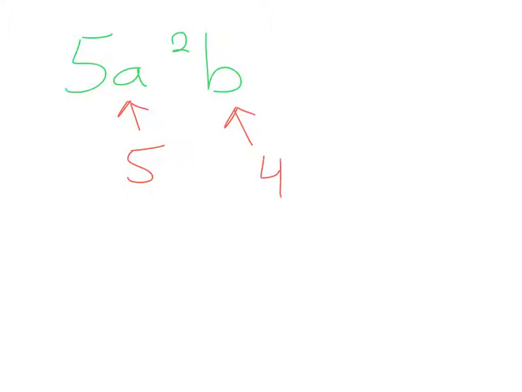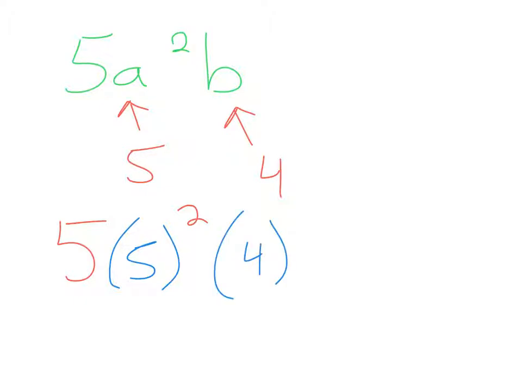So this actually says 5 times 5 squared times 4. So I'll plug those in accordingly. 5 times 5, I'm just plugging them in, squared, times 4. So you can see what's written in blue, I've just substituted in our variables. So following the order of operations, our exponents come first.